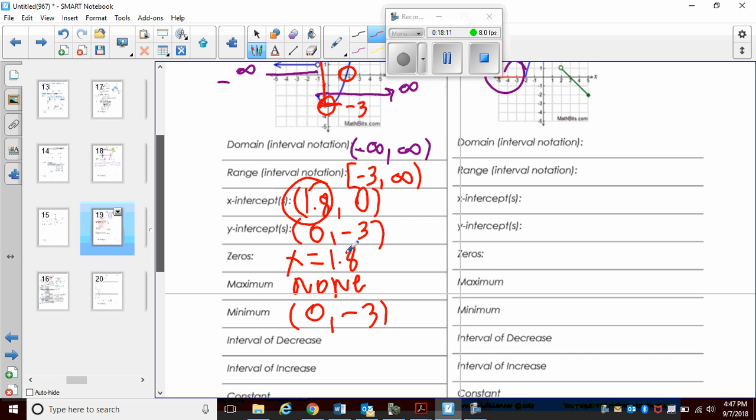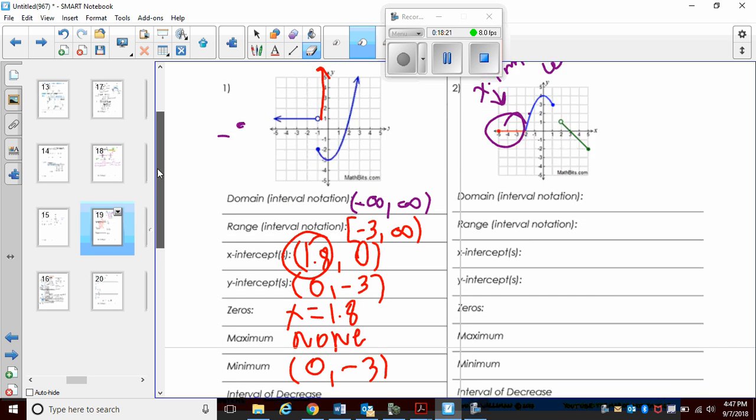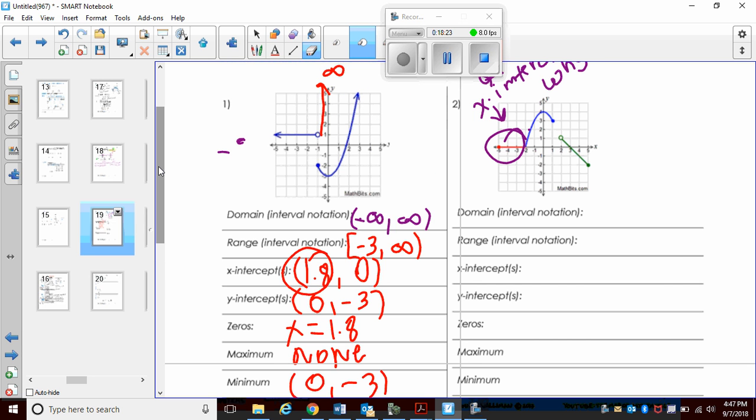The interval of decrease is where this object is decreasing. So I'm going to erase some of the things that I put up here already because it looks really messy on there. And I'm just going to go back and make some arrows here so it's a little bit clearer for you guys. All right. So obviously this is an interval of being constant, right?